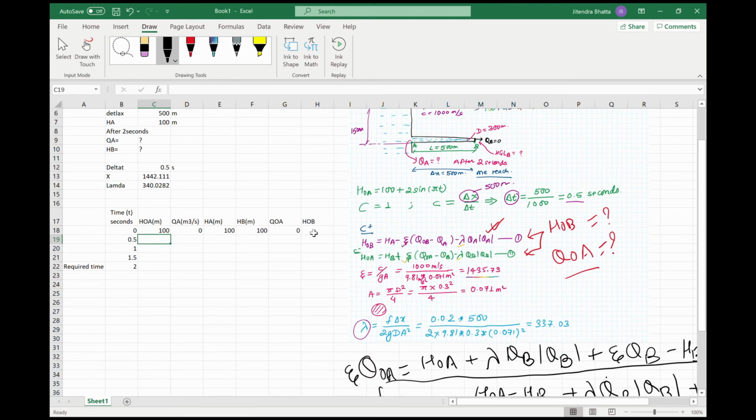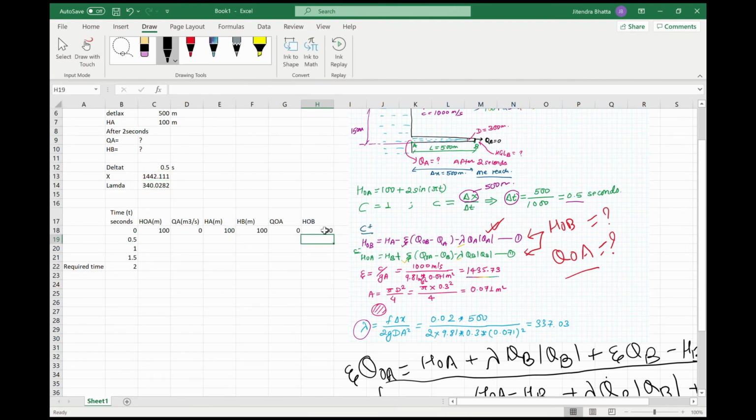So your HOB will be equal to HA minus xi times QOB, which is 0, minus QA, which is this one, minus lambda times QA, absolute of QA.